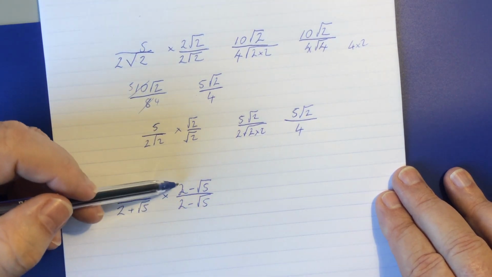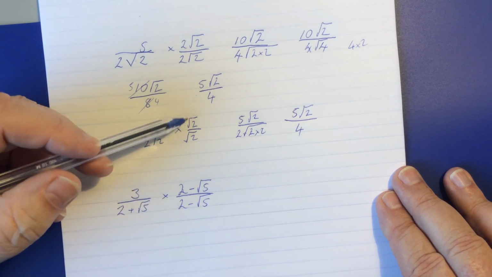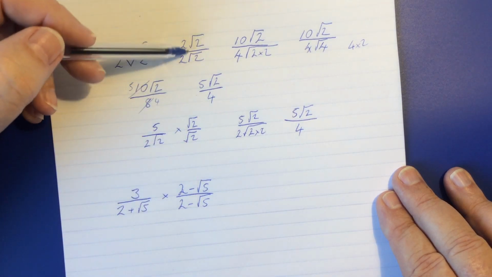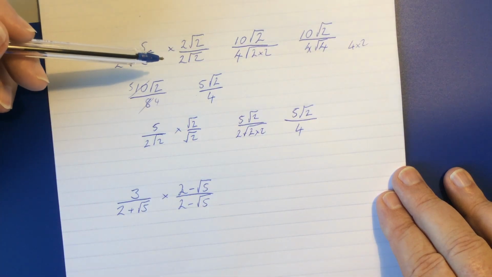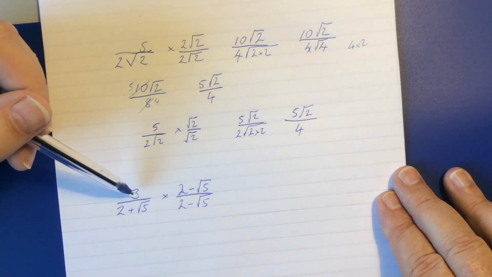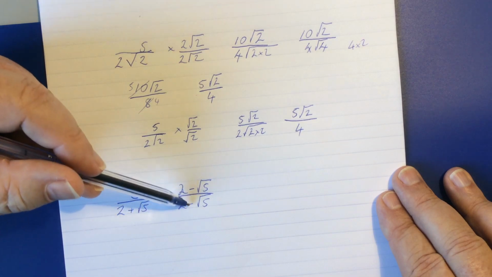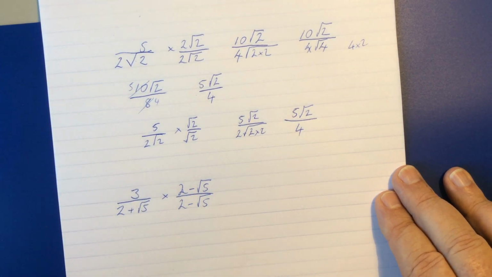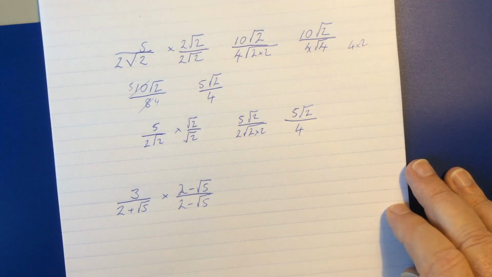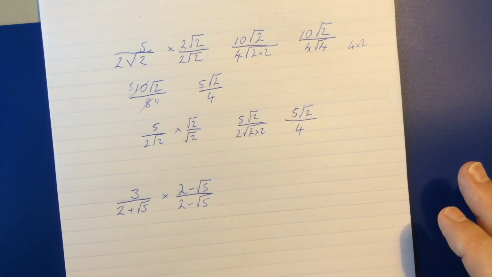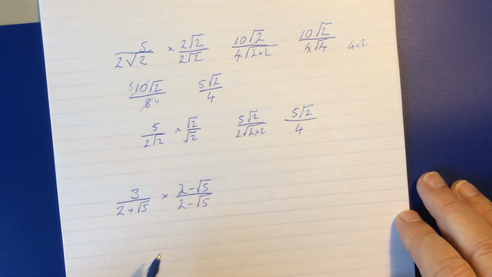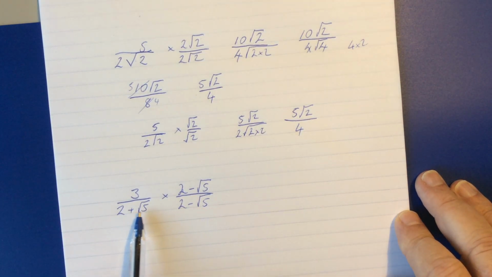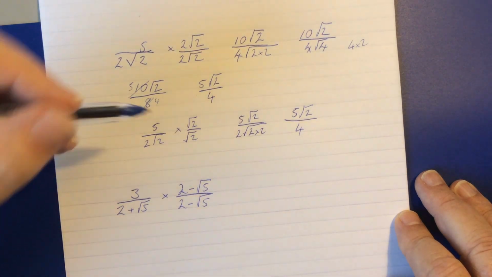We're still effectively multiplying by 1, as we did here, as we did here, and as we did further up the page. But note that we have changed the sign. And what we're relying on here is something from the expansion of quadratics. We're creating a quadratic that is the difference of 2 squares.